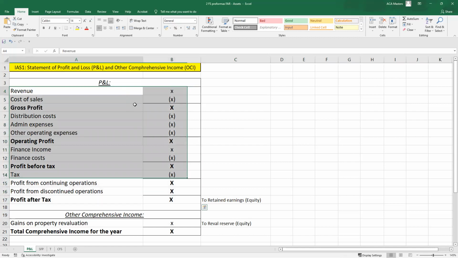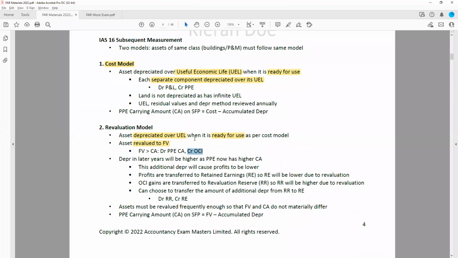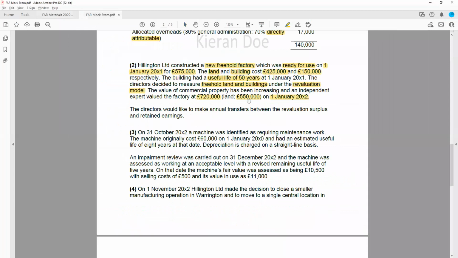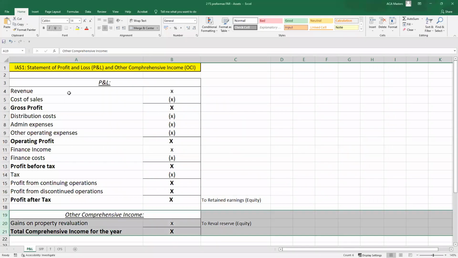So this company could have had a very average year, but if they record a huge gain because the value of their head office has gone up by a significant amount, so over 140,000, so 145,000, then that is going to inflate the P&L.